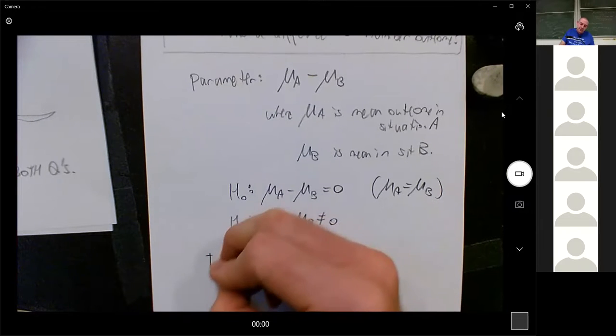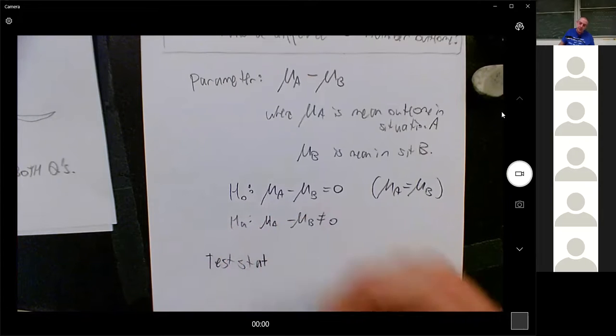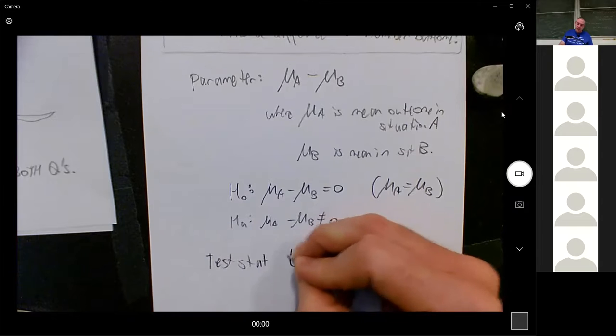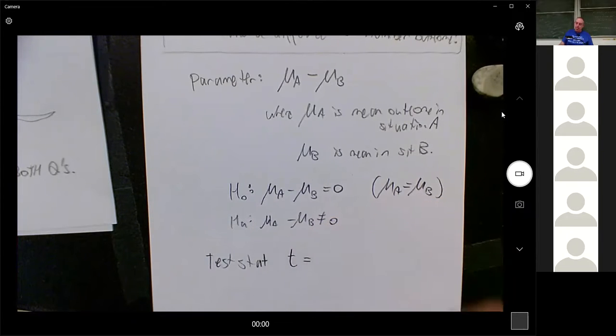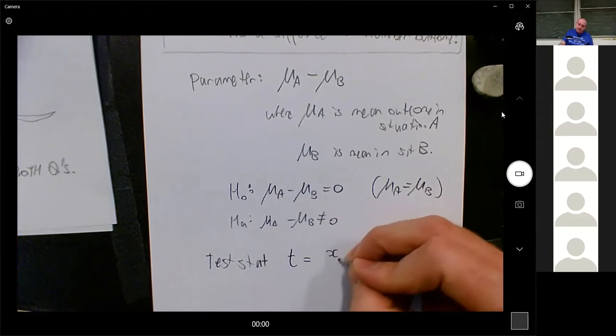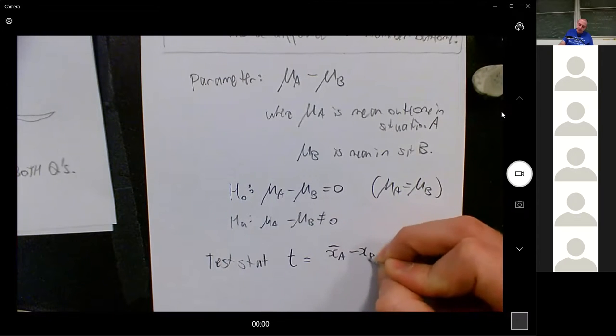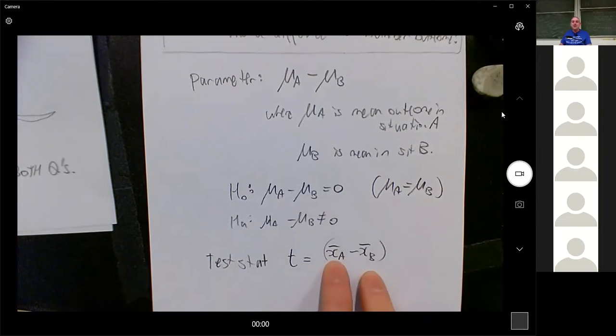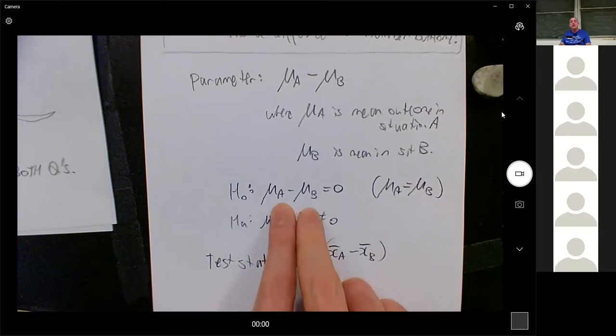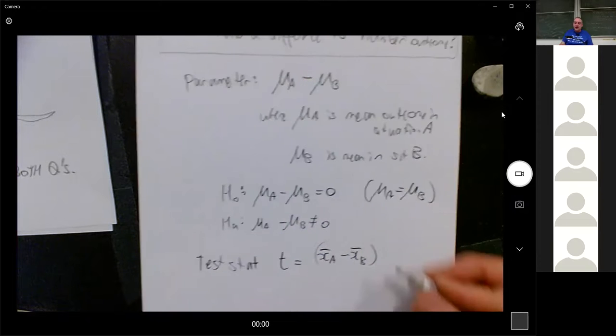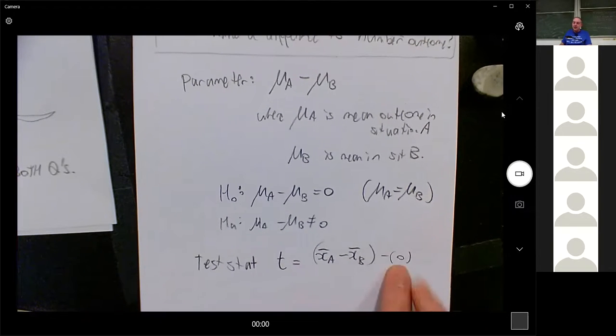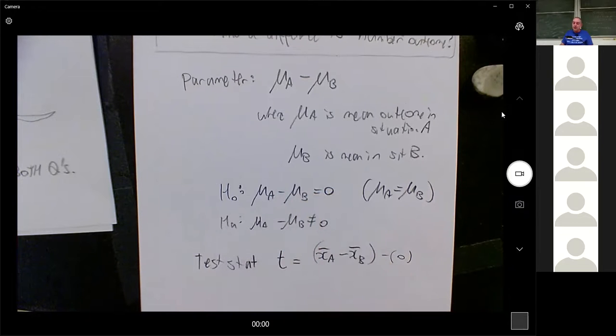And the test statistic will be T, that is the natural way of trying to measure this thing. Well, I'll just do the means in the sample and it should hopefully come out to the same answer. And technically it's minus 0 because that's the answer I think it should come out to, divided by the standard error.